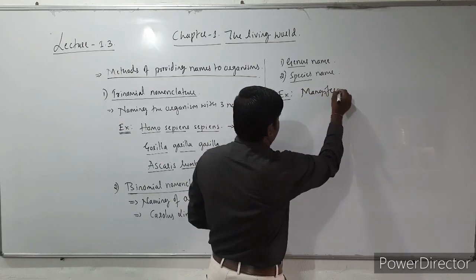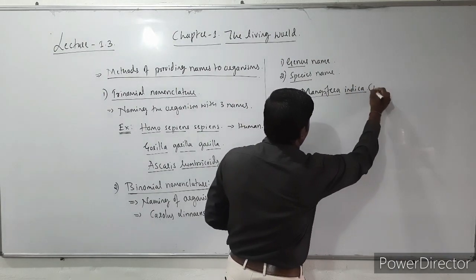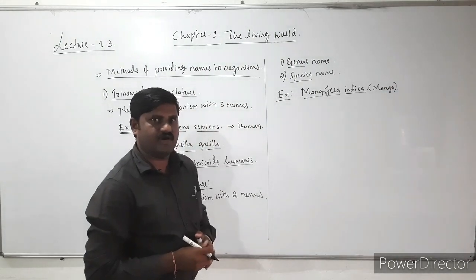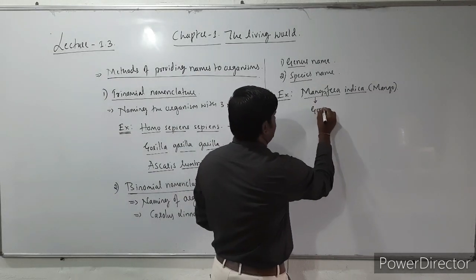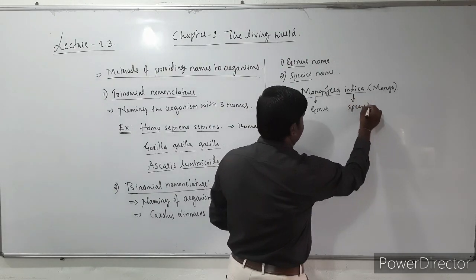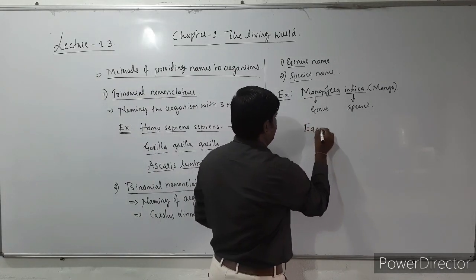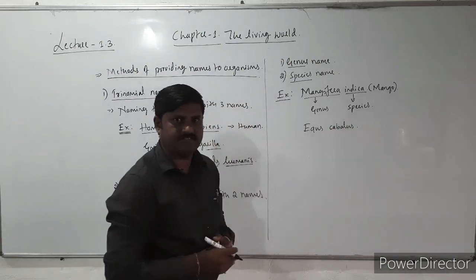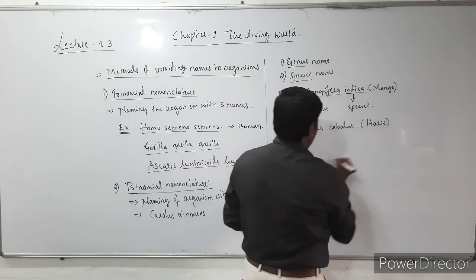Mangifera indica is the scientific name of the mango tree. Here, this is the genus name and this is the species name. Equus caballus is the scientific name of the horse.